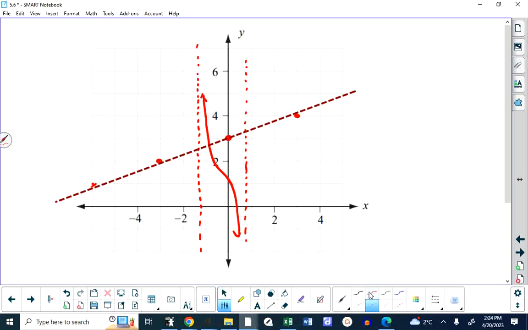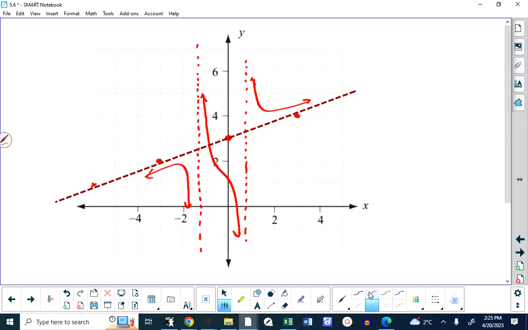Which means the graph of the function is asymptotic in this corner, and it's asymptotic in this corner. And that's the meaning of a slant asymptote. I don't think I would expect you in this class to sketch these graphs, but in the end, that's what it's going to look like.